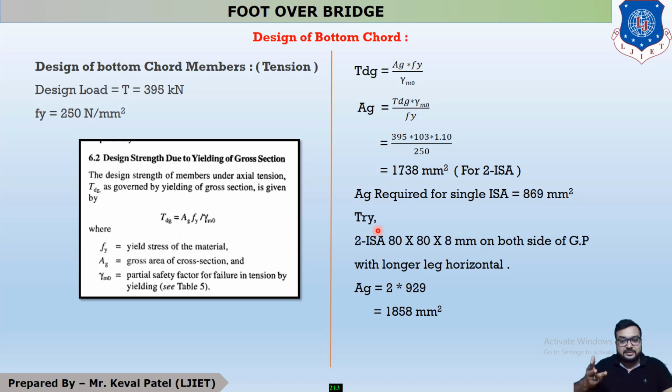Then you do the other three checks: design strength due to cross section, rupture and block shear, and all three values should have a capacity of at least 395 kilonewton. If any one answer is less than 395 kilonewton, then you have to revise the section. So students, this is the revision of the design of the tension member. All the steps remain the same. This is your today's homework. This is the end of today's session. Thank you.